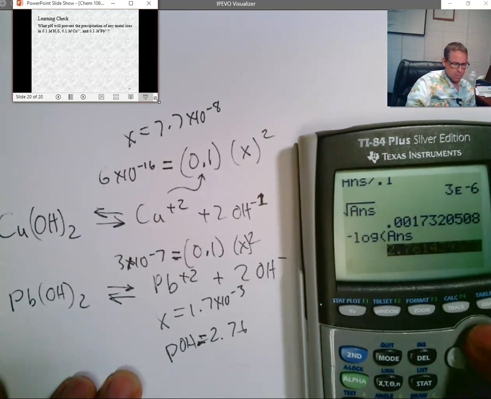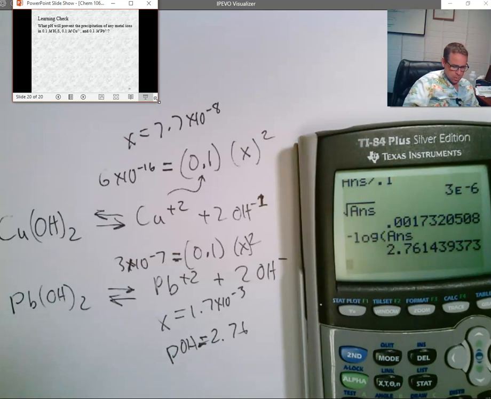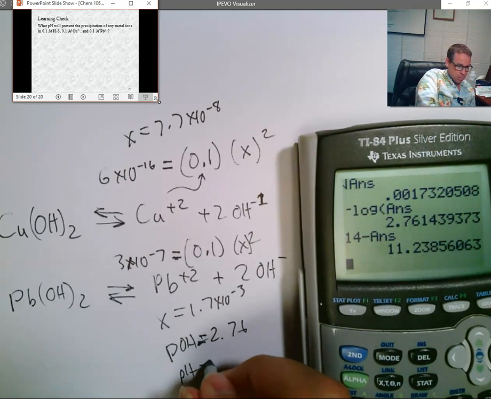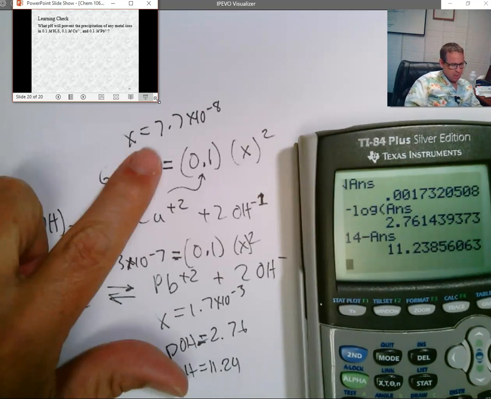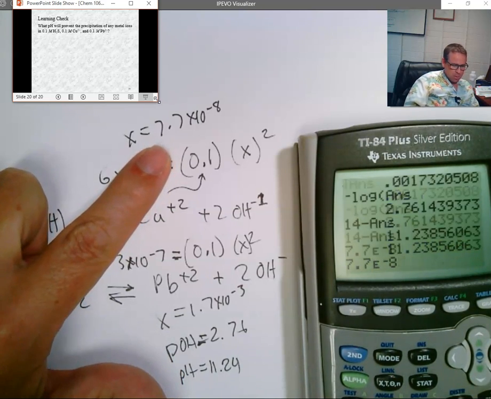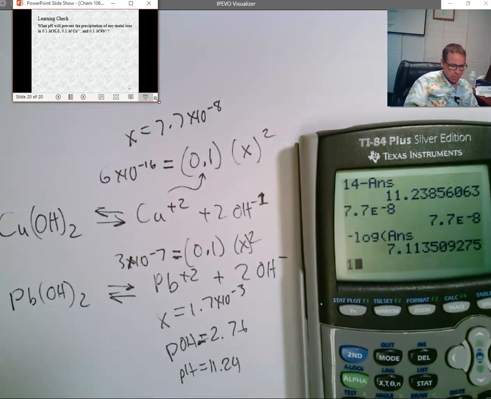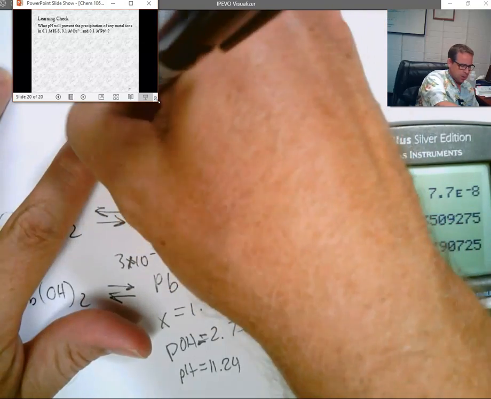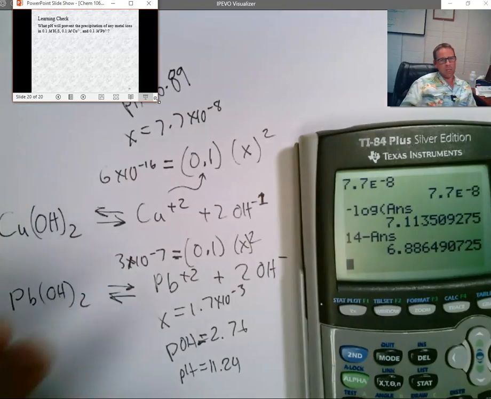Yeah, and then if you just subtract that from 14, you'll get the pH. 11.24. All right, and then we got 7.7 times 10 to the minus 8 up here. The negative log of that value would be the POH. 14 minus that value, so a pH of 6.88. 6.89.